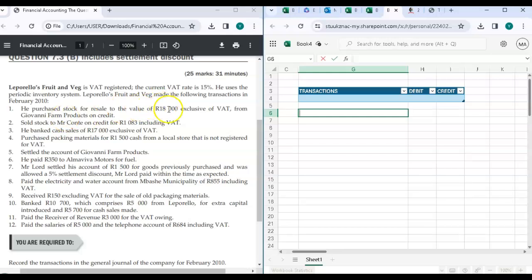So if you purchase stock for 18,000, firstly, there's two things which you have to debit here. Why is that? What is the SARS VAT account? A SARS VAT account is used to know at the end of the month whether you owe SARS or SARS owes you. Basically, it's all your transactions. If you picture a SARS account, on the debit side it decreases, and on the credit side it increases.